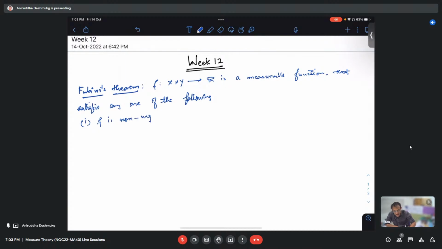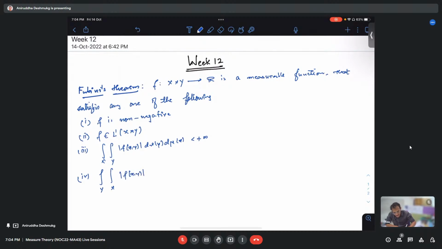That means at every point (x, y) in X cross Y, f(x, y) is a non-negative real number, or f is L1 in the product measure, or integral over X, integral over Y, mod of f(x, y) d mu y d mu x is finite, or integral over Y, integral over X, mod of f(x, y) d mu x d mu y is finite.